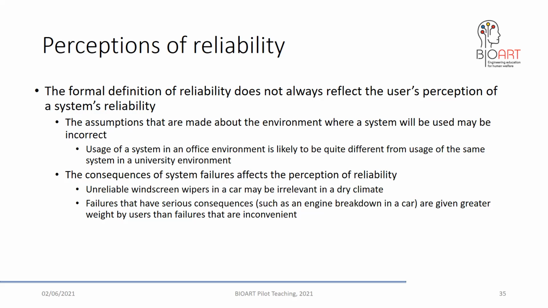You should keep in mind that the formal definition of reliability sometimes does not reflect users' expectations from a system reliability. That's why we should also look at this term from a different point of view when we try to give these estimations.